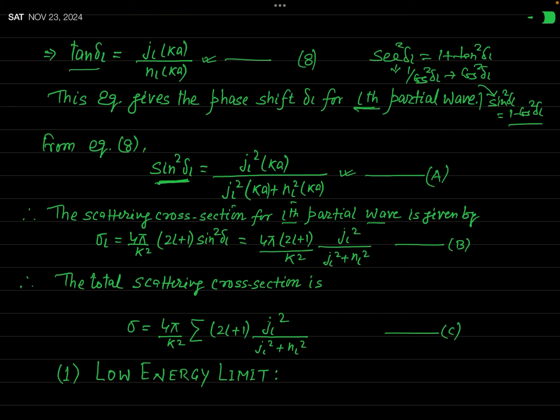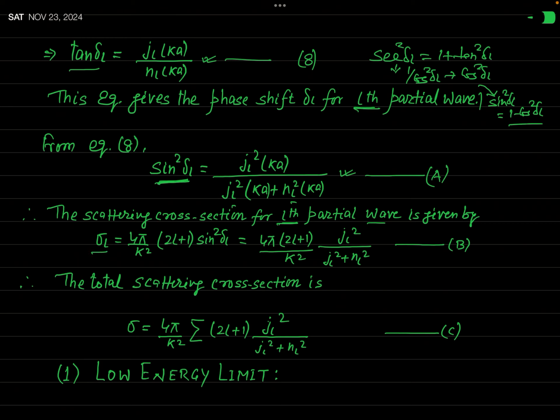Okay. But here we are talking about only the Lth partial wave, so I have dropped the sign of summation. If your aim is to find the scattering cross section only for the Lth wave, then there would be only one wave, and so there is no summation.